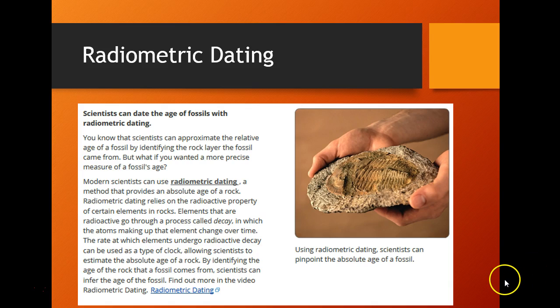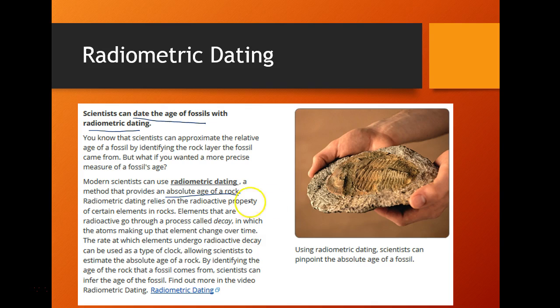Besides being able to say that certain fossils are older than others and just comparing them relatively, scientists have developed a way to date the age of fossils using radiometric dating. Radiometric dating provides an absolute age. So not just that this rock is older than another, but it can actually tell an approximate age of the rock.